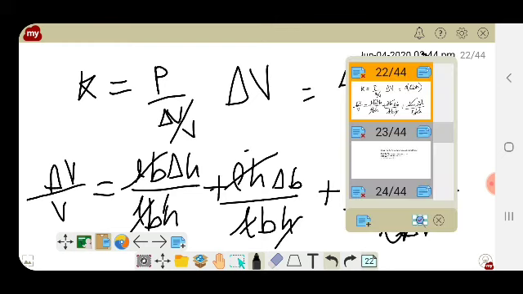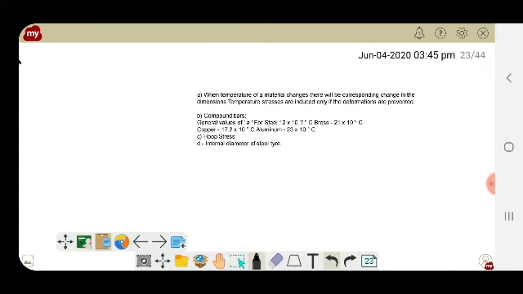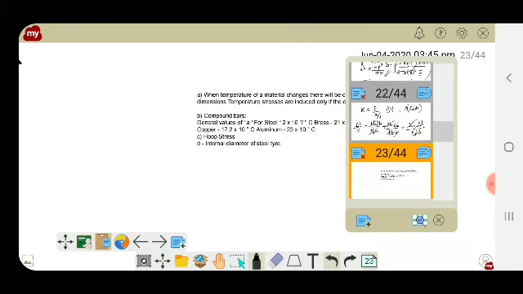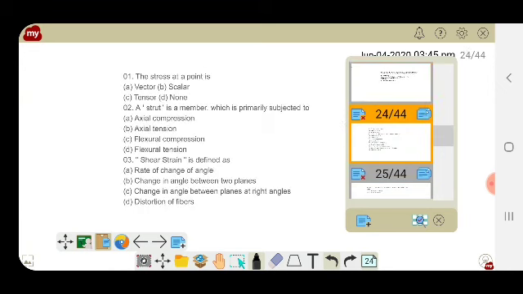That is the volumetric strain for a rectangular bar.